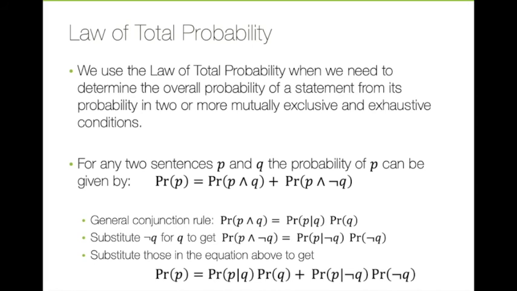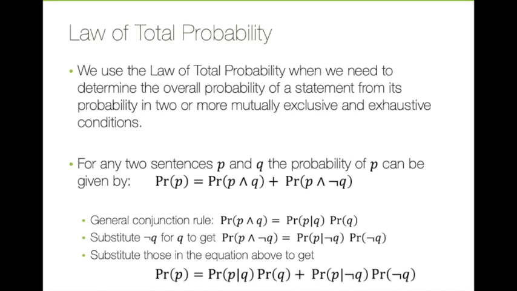This is the formula that most easily helps us see what the law means. But to get the most useful version of the law of total probability, the best formula for calculations, we have to do some substitution using formulas we've learned before. We substitute in to tell us how to calculate the probabilities of each of those conjunctions on either side of the plus sign. And since those are the probabilities of conjunctions, we have to use the general conjunction rule to tell us how to calculate them.